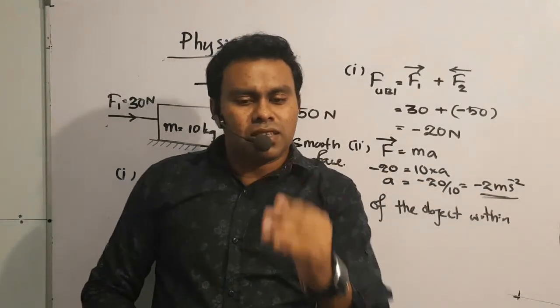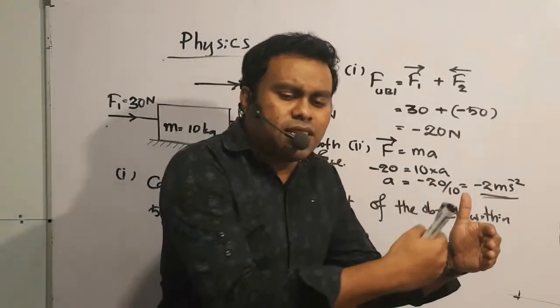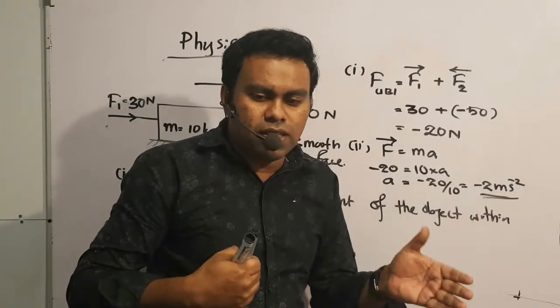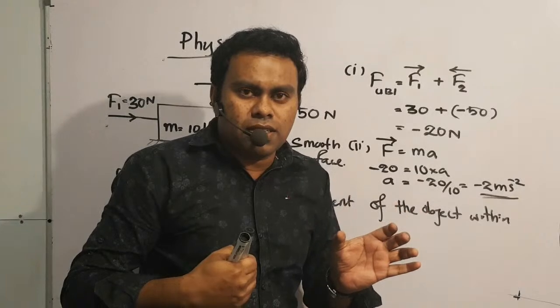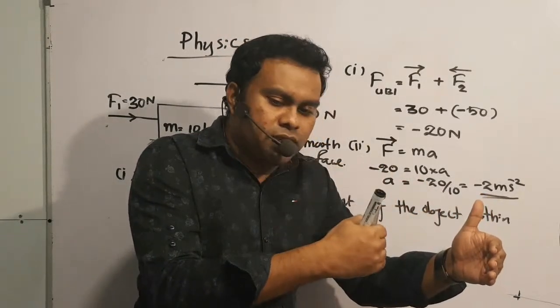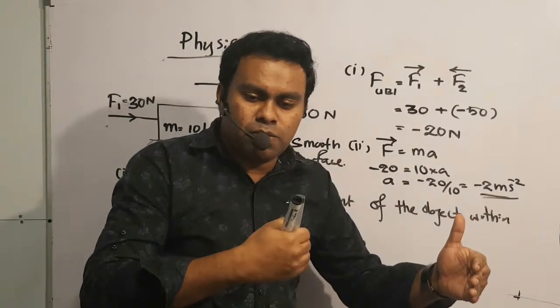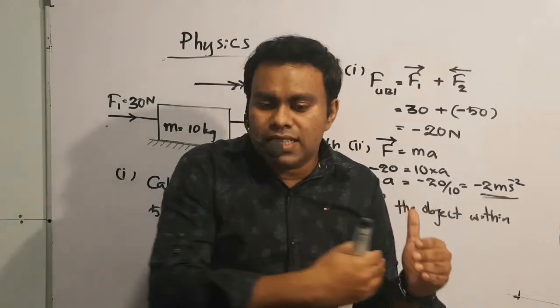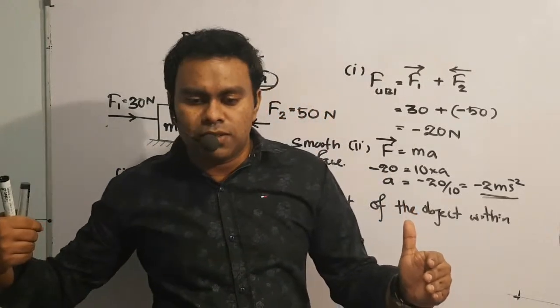Or another way to think, velocity is increasing in the negative direction: 2 meters per second, 4, 6, 8 meters per second. Likewise, it increases in the negative direction.